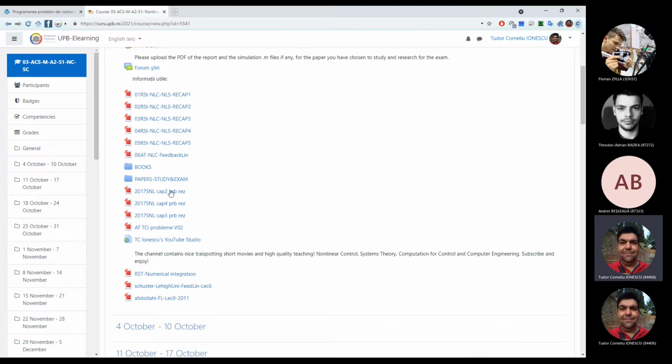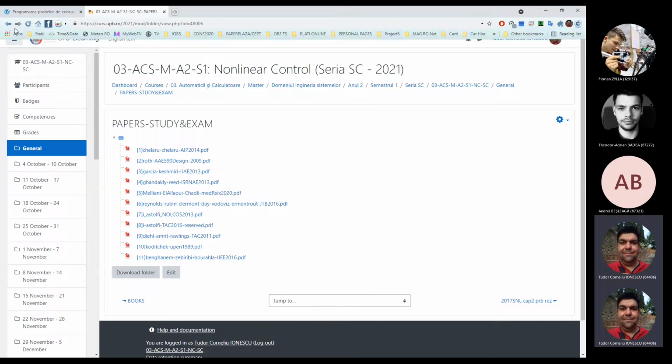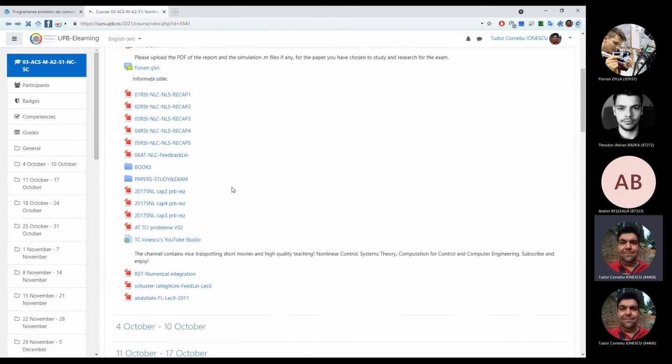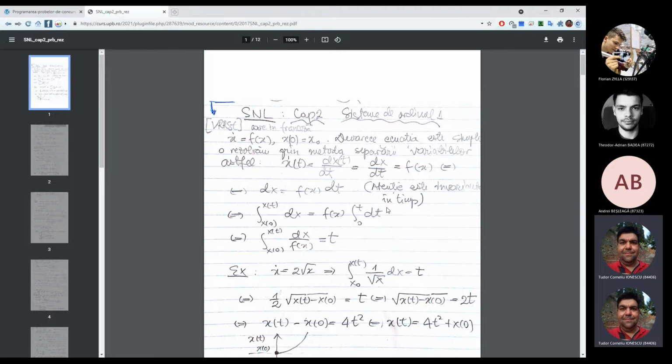These are the papers. And these are PDFs with solved problems. The problem is that they're in Romanian, handwritten by myself. That's an issue.